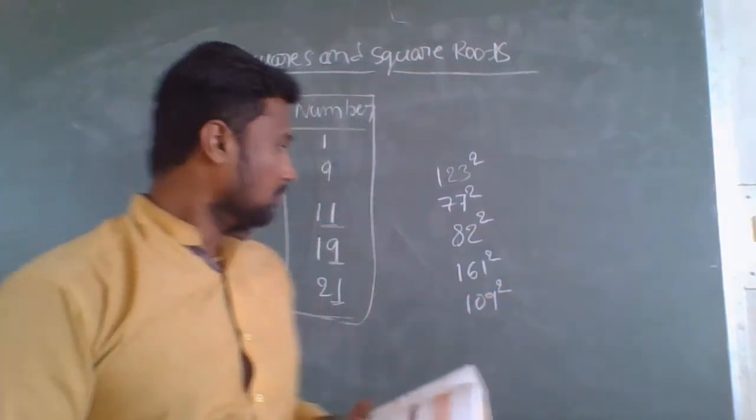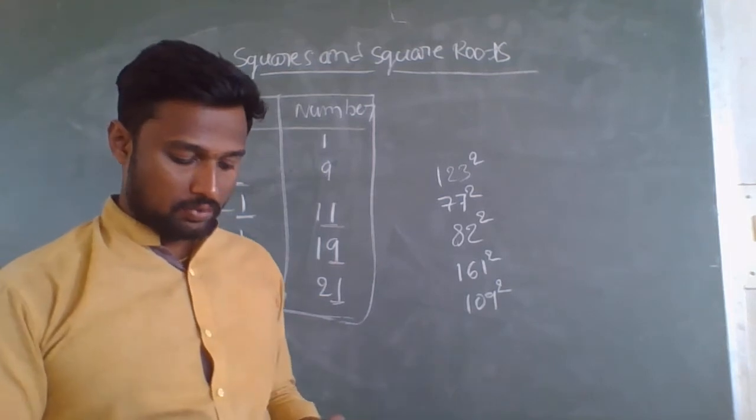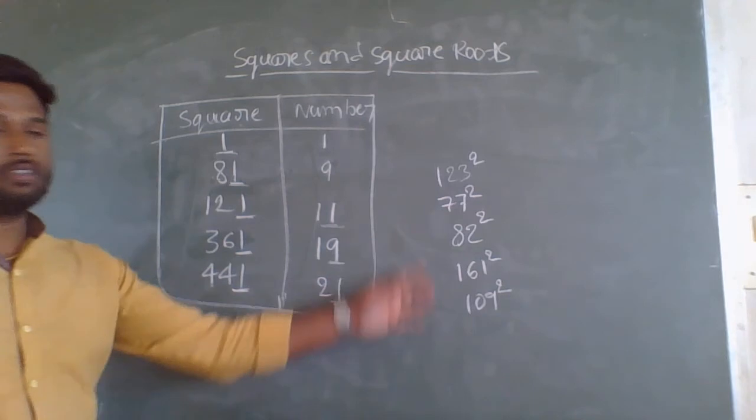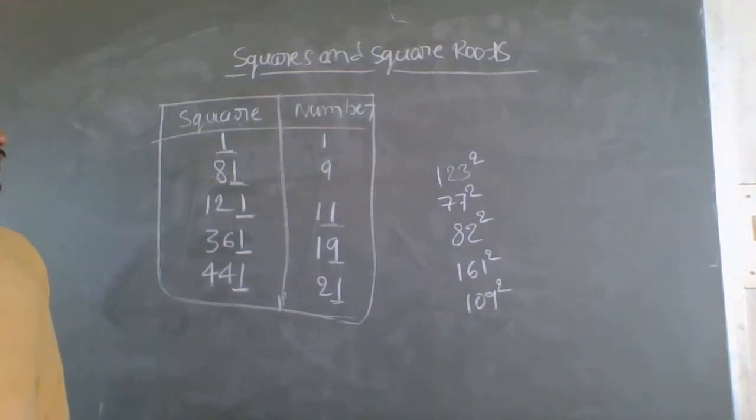Which of these values would end with digit 1?